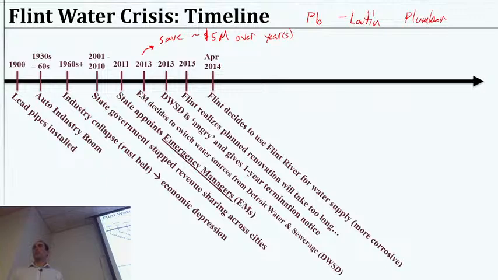It's more corrosive. And the big failure is they do not add corrosion control, which is required. And so Detroit had been adding it. And Flint, when they were adapting their treatment, needed to add it, and it wasn't added. That is truly like the biggest mistake that was made throughout all of this, in terms of the engineering aspect of it.